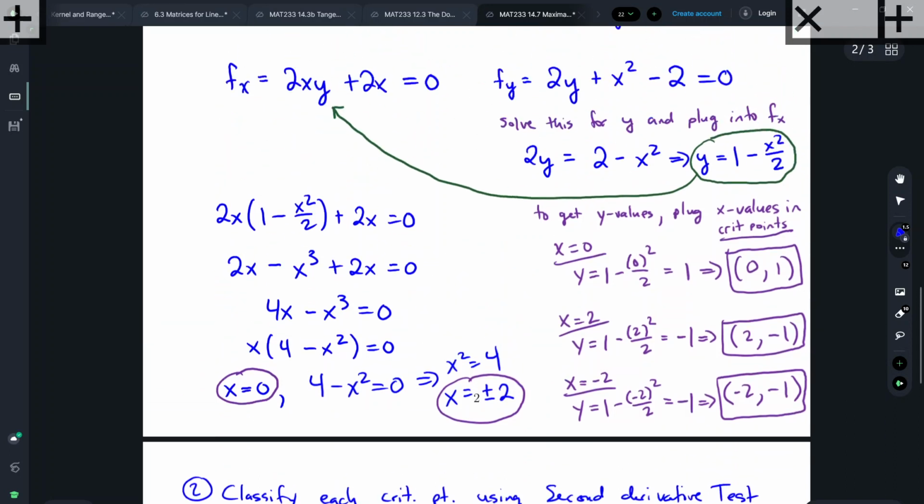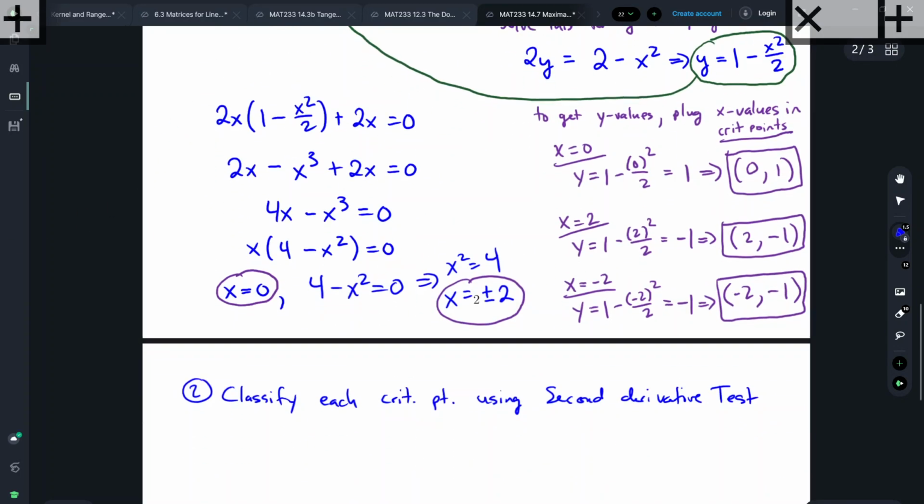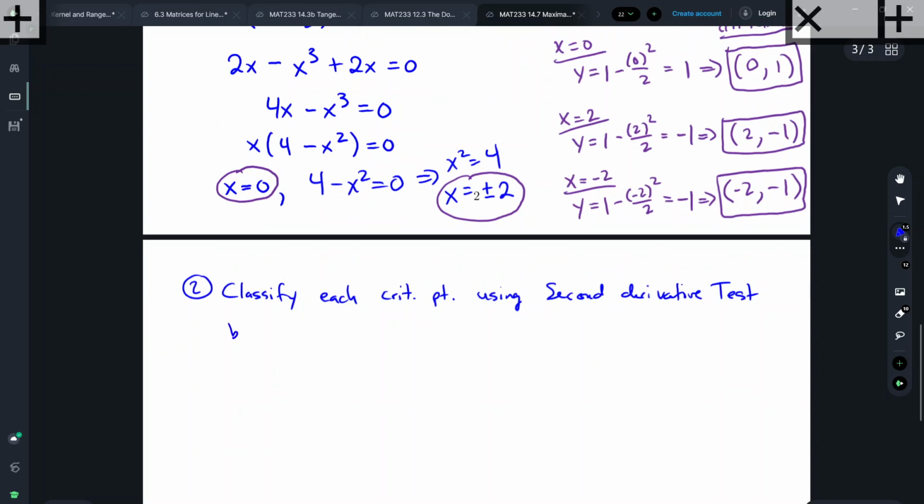And so that's going to involve calculating the discriminant. So let's just copy down the discriminant here.